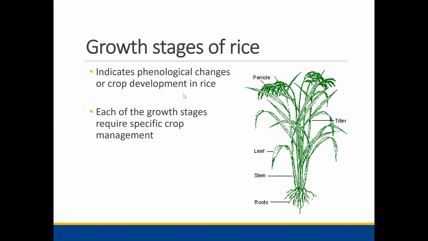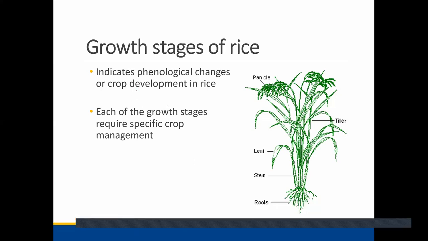They germinate, they develop leaves, they produce branches, and then they produce flowers, and they go to maturity. So they go through different stages. That is called development. Not only for rice, but for all crops, you can see that. Those are phenological changes, changes in the phenology, and all the crop development.